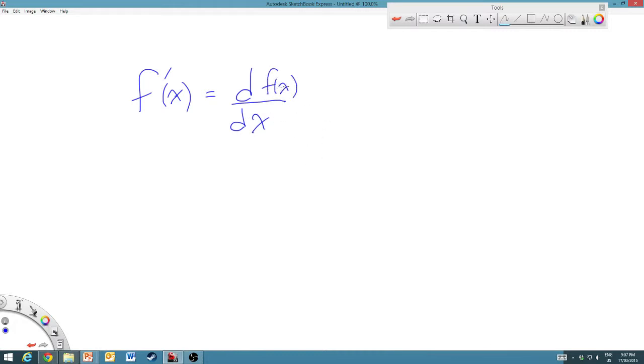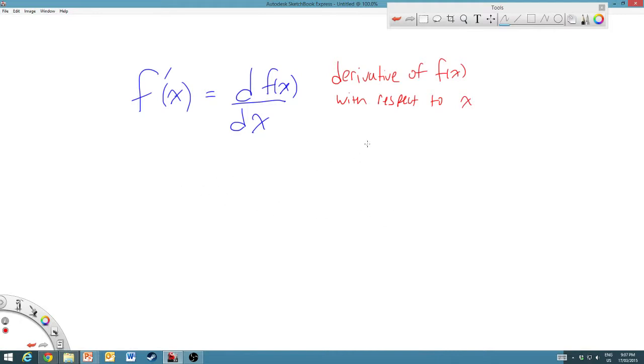This is how I always remember it: I don't actually know if it's exactly what it means, but this basically translates to the derivative of f of x with respect to x.